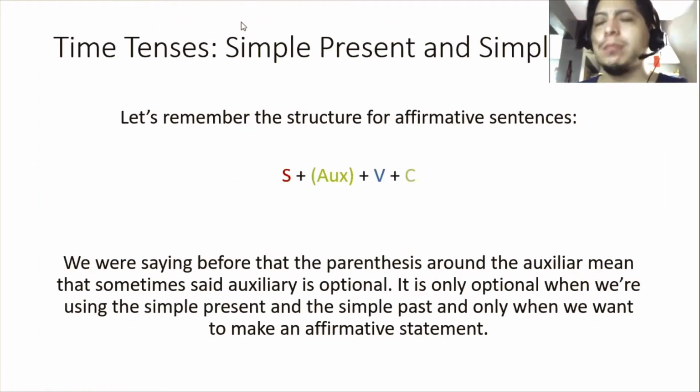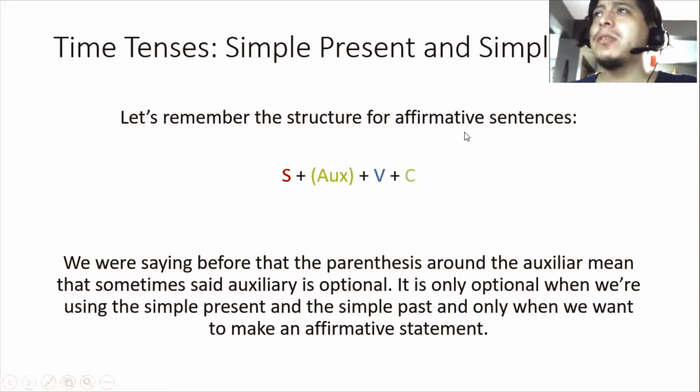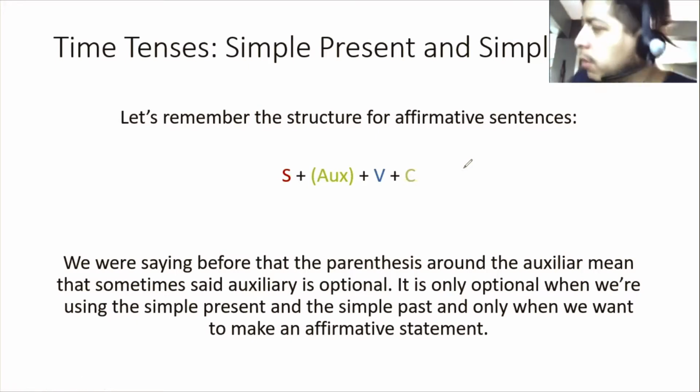Okay, well, it says simple present and simple past. Let's remember the structure for affirmative statements. Whenever you're making an affirmative statement, you start with your subject. Sorry, I need to connect this thing.